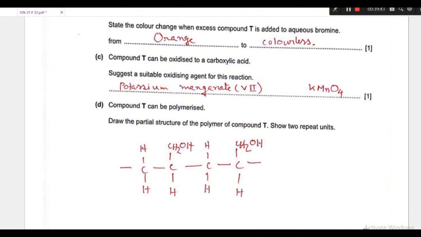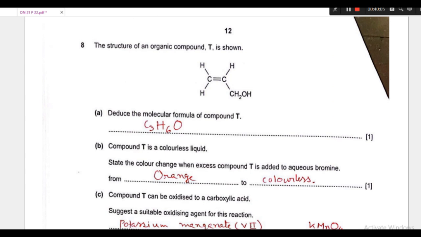Now D, compound T can be polymerized. Draw the partial structure of this polymer of compound T. You have to show 2 repeat units. So this is addition polymerization, as this contains a carbon-carbon double bond.